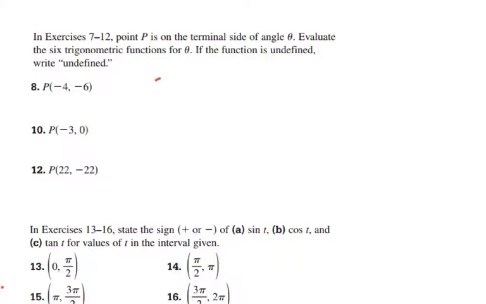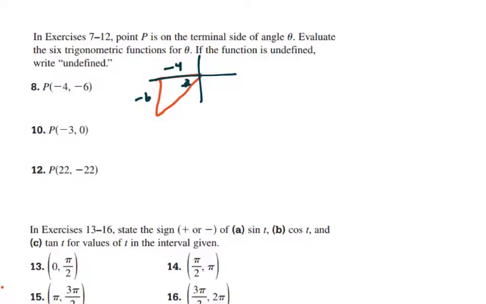So we're going to be over in this quadrant over here. If we imagine this shape here, we are going to have negative 4, so it's going back 4, and then negative 6, so down 6. And so we need to find our hypotenuse in order to evaluate the 6 trig functions.